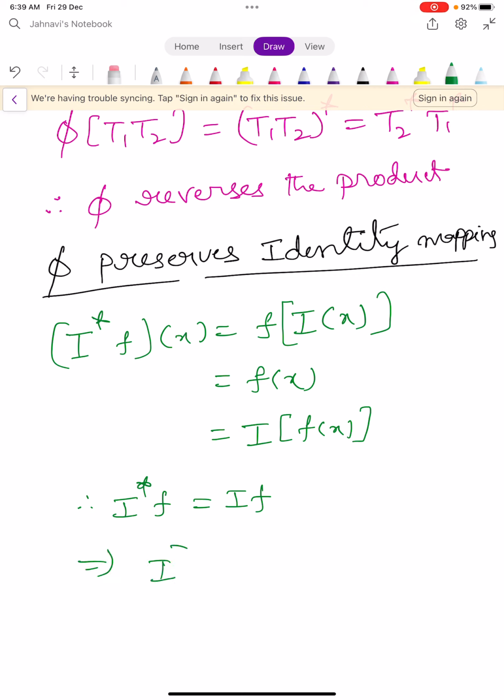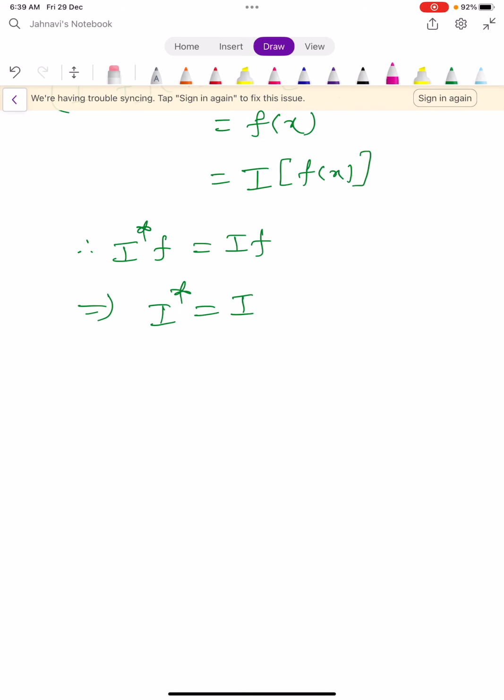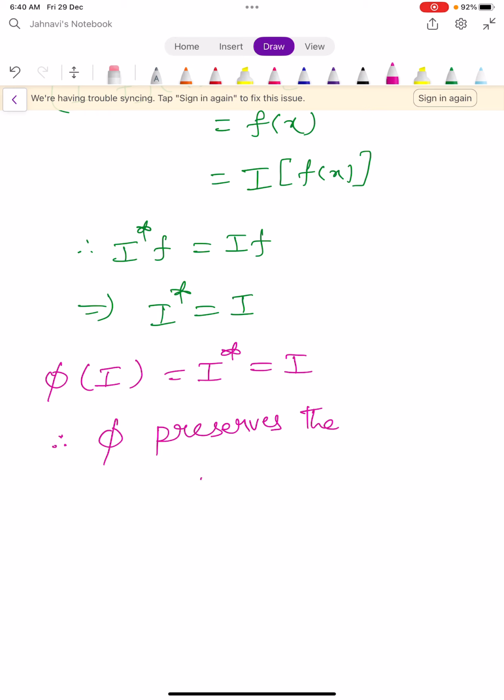This condition shows us I star is equal to I, meaning pi of I is equal to I star is equal to I. Therefore, pi preserves the identity mapping.